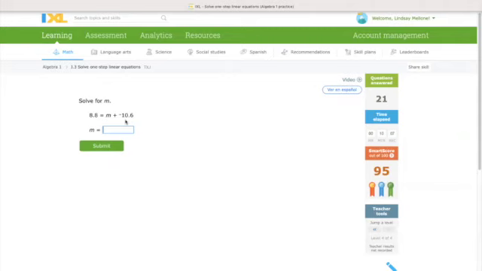They flipped it around so our variable is not on the left, but it still doesn't matter. We're still doing exactly what we have been doing. So I'm going to write this out because you'll notice we have a plus and a minus. So we want to make sure that we write this correctly. 8.8 equals m, but instead of writing plus negative, I'm just going to write minus 10.6.